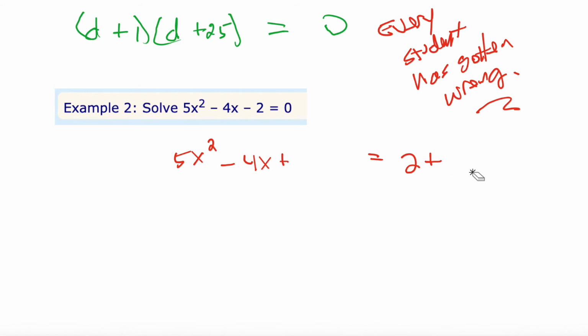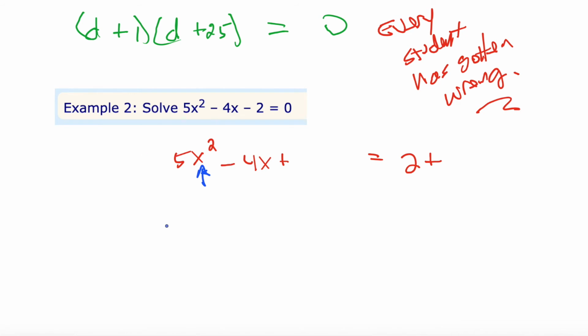Darn it. Before we do this step, I got ahead of myself. You have to complete the square with a 1 here. There has to be a 1 coefficient, an invisible 1. So what you've got to do is pull out a 5.